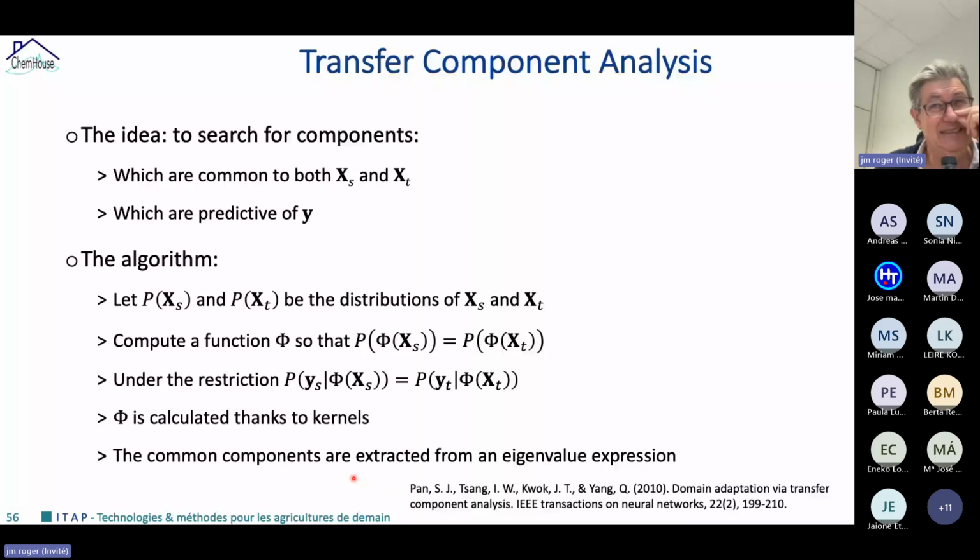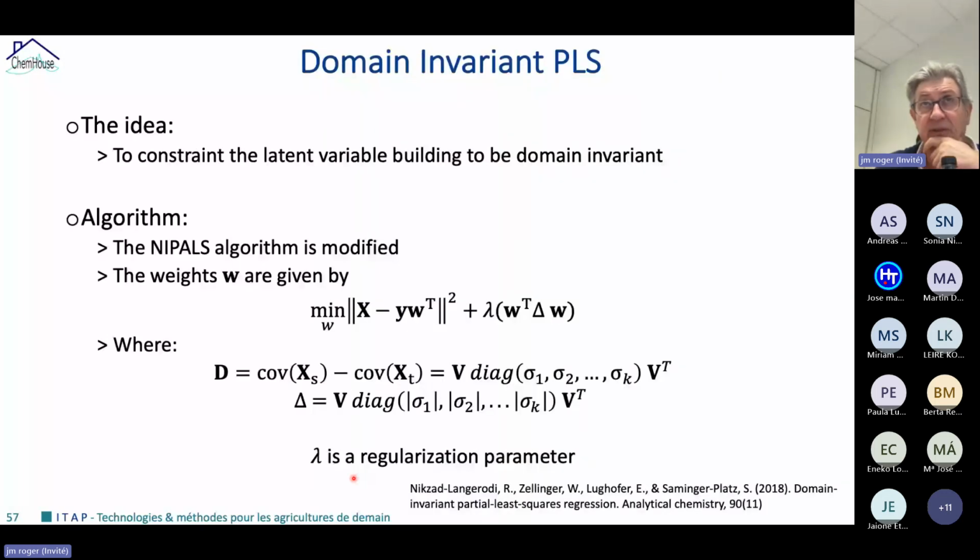So this was the TCA. Another method is domain invariant PLS. The idea of DI-PLS is to constrain the latent variable building to be domain invariant. If you are used to chemometrics, you know the NIPALS algorithm. The NIPALS algorithm aims to minimize this quantity.